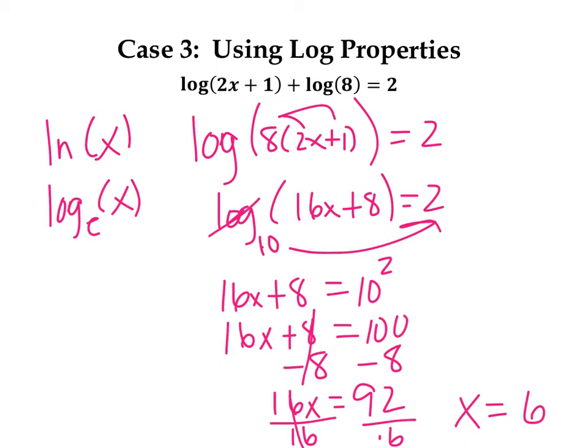Okay, now, is this a solution or is this not a solution? I want you to go ahead and plug it back in, check to see if this works, and then check to see if this is an actual solution to the problem. And you can do that for extra credit.